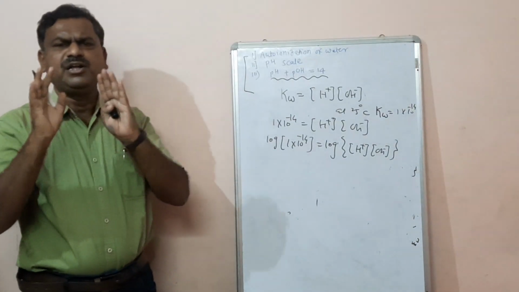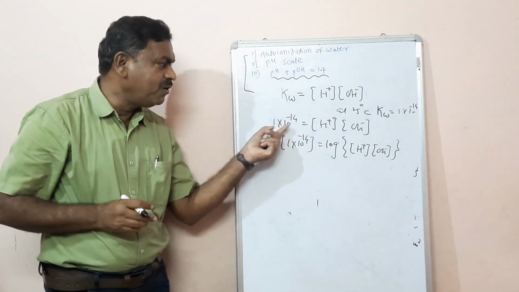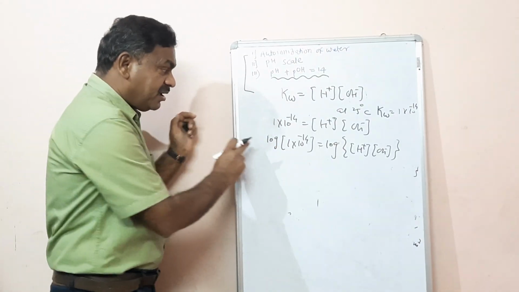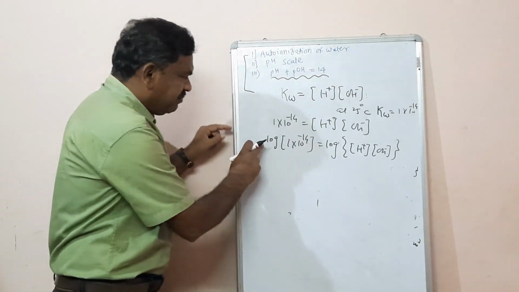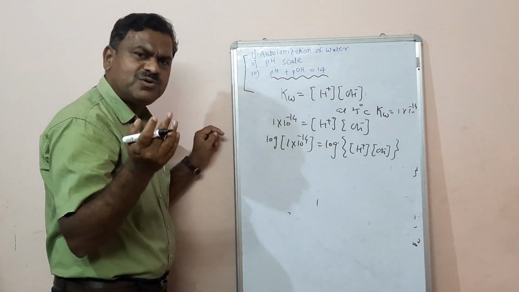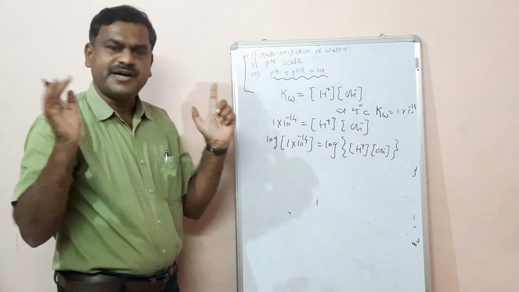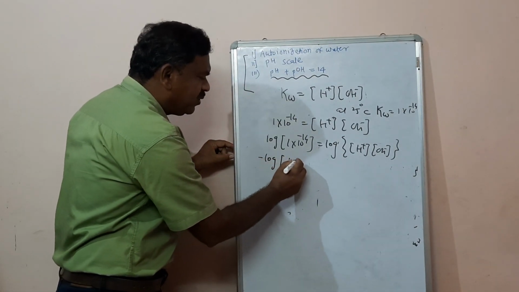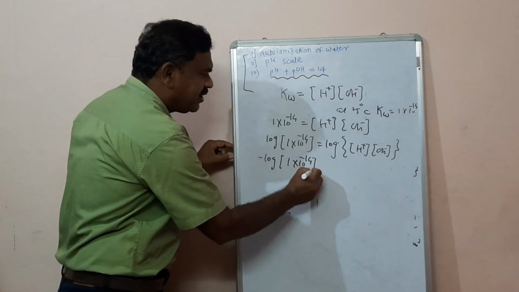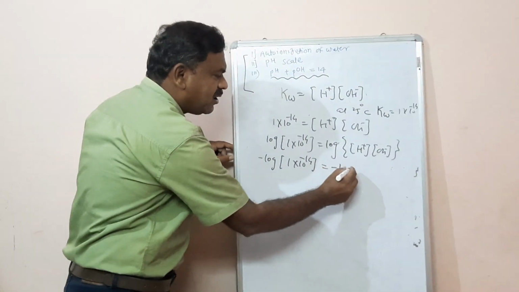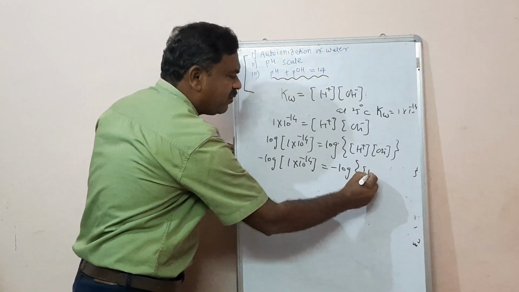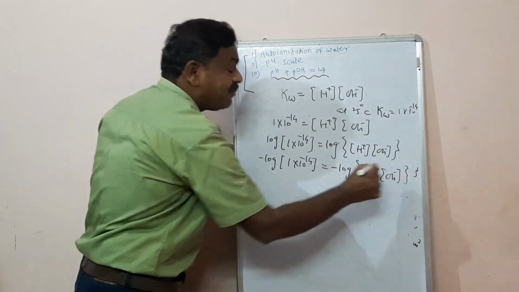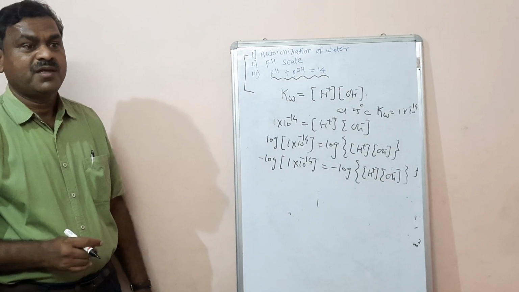Now multiply by the minus sign on both sides of this equation. Then minus log of 1 into 10 raised to minus 14 equal to minus log of, in bracket, the molar concentration of H plus into molar concentration of OH minus ions.